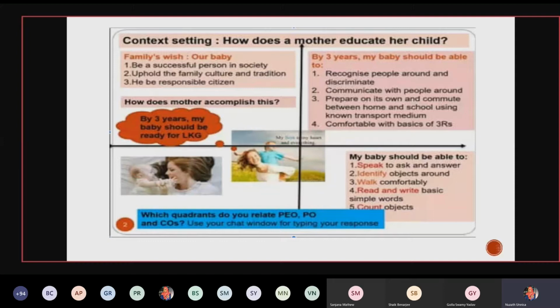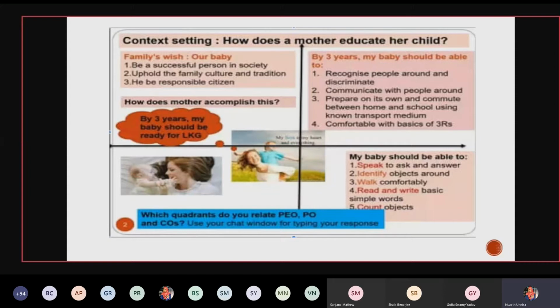So if we try to relate all these quadrants with PEOs and COs, it is really interesting.